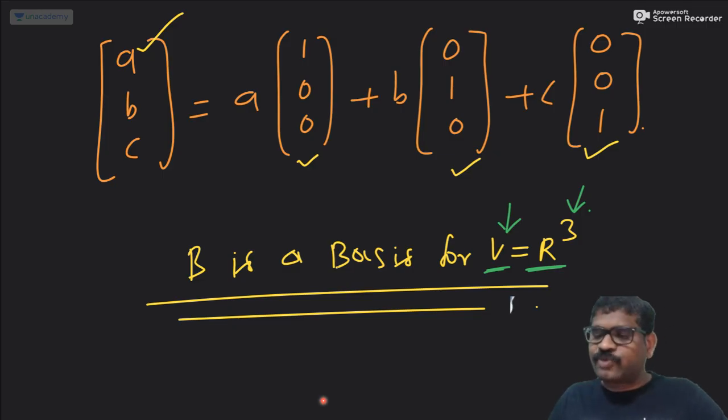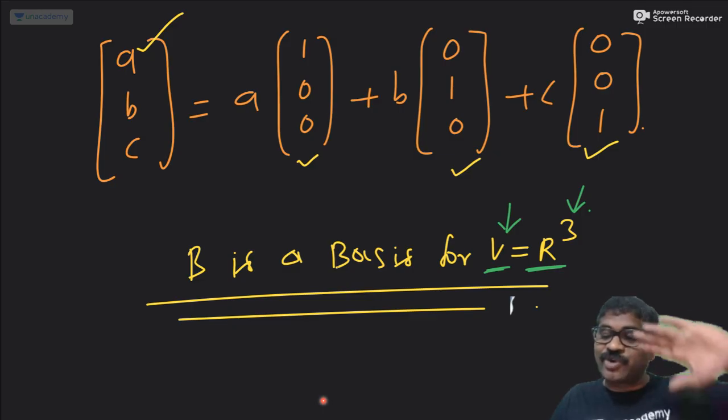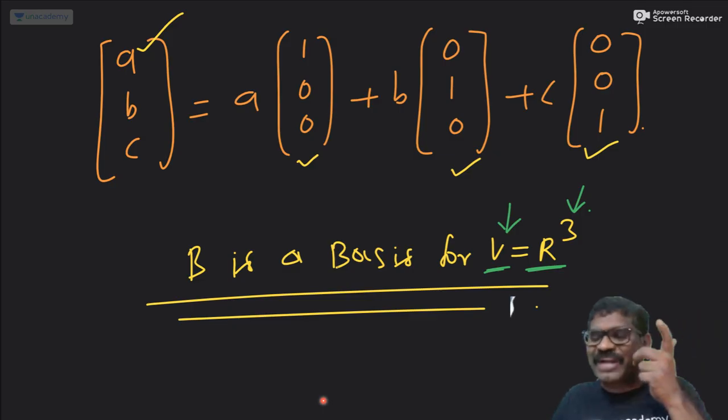Sir, what kind of questions will come from this concept? Actually, this concept is the foundation of the eigenvectors concept. You are going to write eigenvectors corresponding to eigenvalues. So what are eigenvectors? If you understand what is eigenspace, you can understand the eigenvector concept. This basis concept is the foundation of the eigenvectors concept.